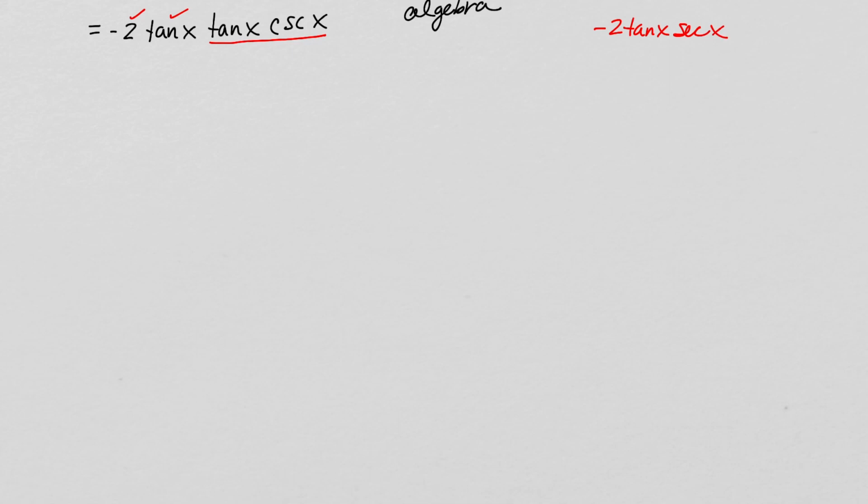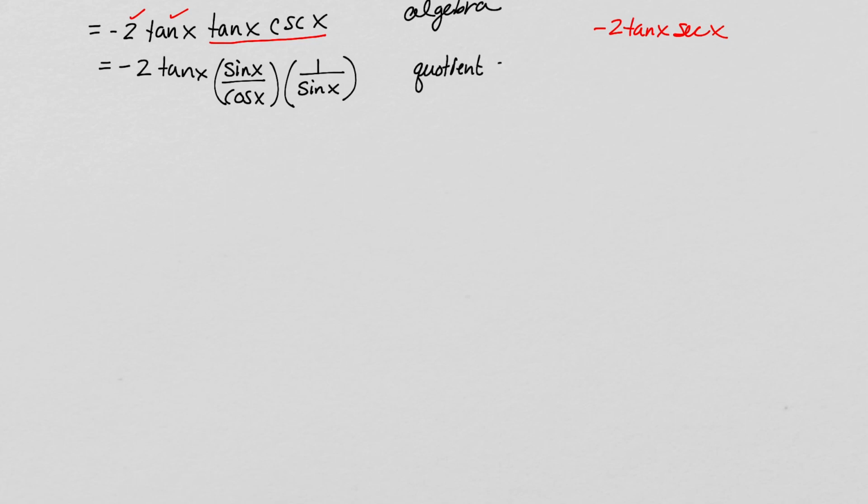I'm going to rewrite tangent x and cosecant x using identities. So this is going to be minus 2 tangent x. Tangent x is the same as sine x over cosine x, and cosecant x is 1 over sine x. So I basically used the quotient and reciprocal identities.